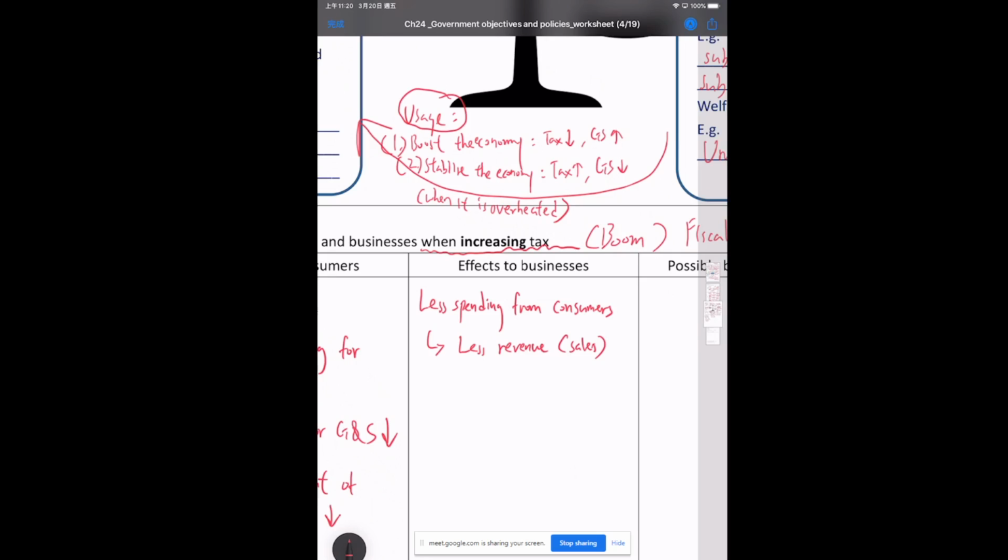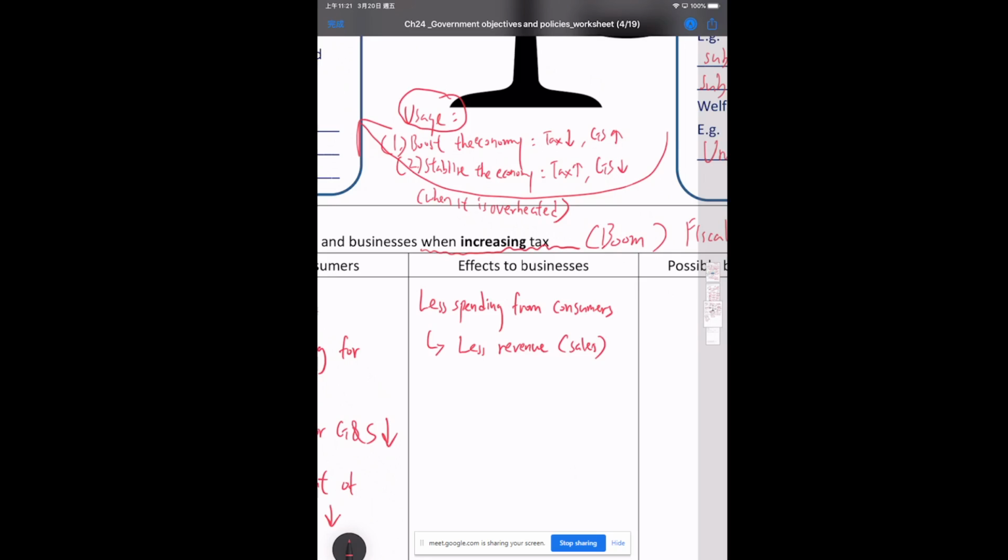That's why the government has to kick in and try to intervene in the market, to make the economy more stable. So this is what government policy is all about. You are going to intervene and try to manipulate the economy using different policies.